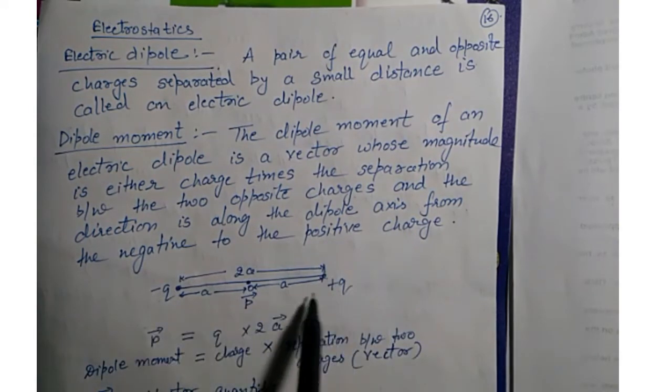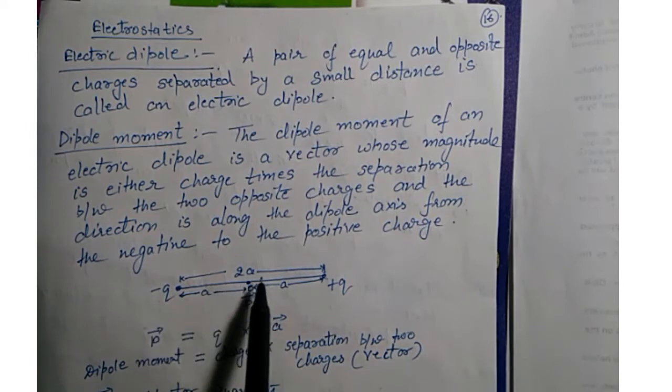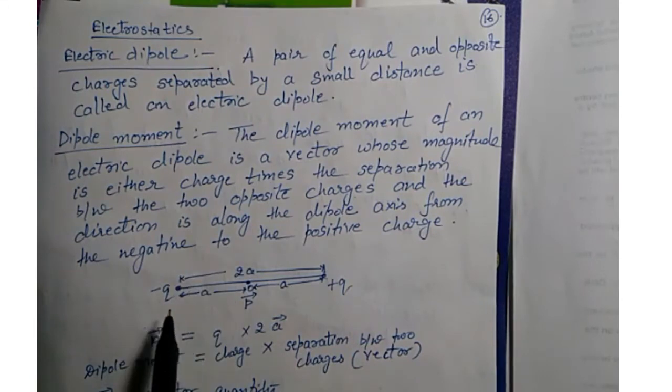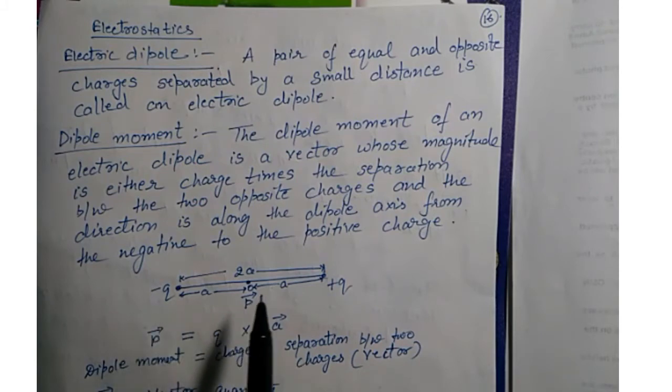So here we are having one negative charge minus q, another positive charge plus q, separated by distance 2a. So this is the condition for a dipole, that the magnitude of two charges should be equal and the polarity should be opposite, that is, one should be minus, another should be the positive charge.